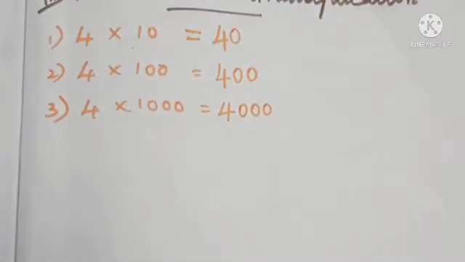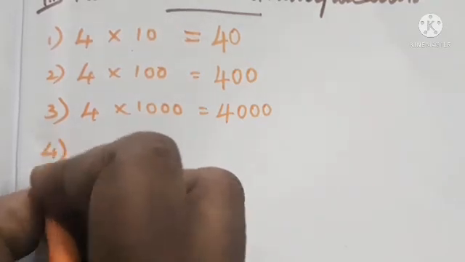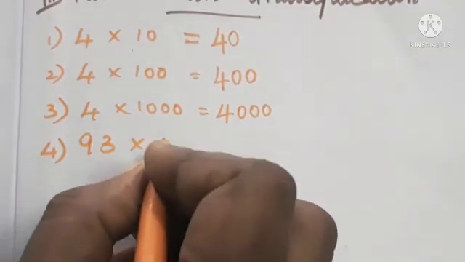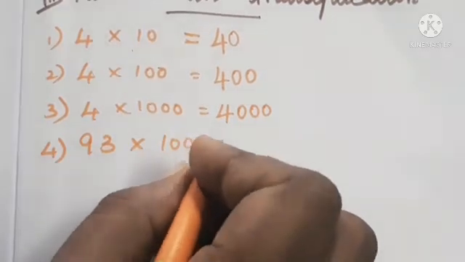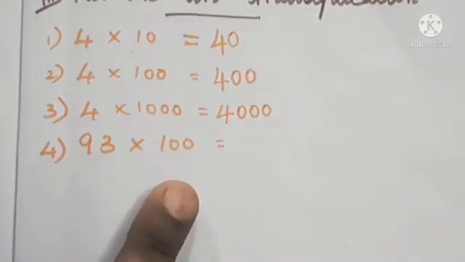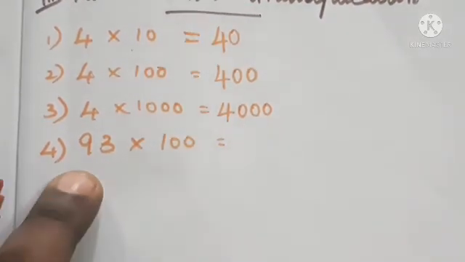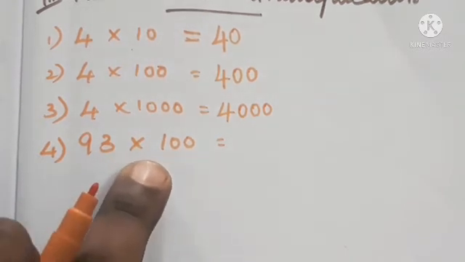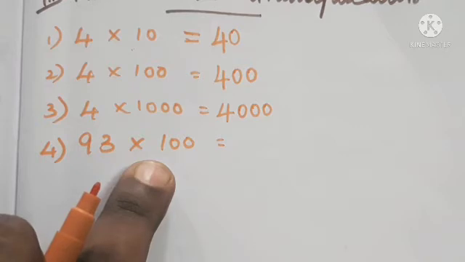So suppose if you want to multiply 93, okay, 93 into 100. So here it's a 3 digit value, and this is a 2 digit. So here we are going to multiply a 2 digit by 3 digits. So how to do it? We know that in the fill-up itself we learned, isn't it?